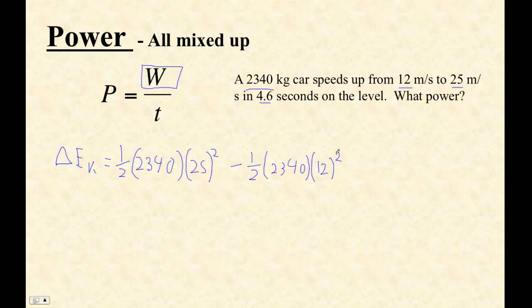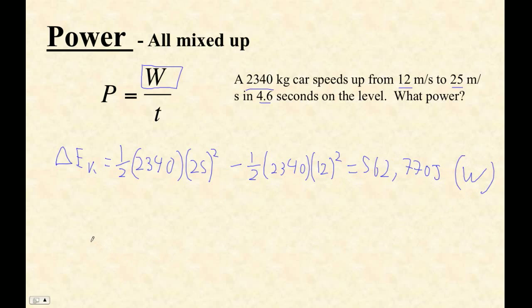So 0.5 times 2340 times 25 squared minus 0.5 times 2340 times 12 squared. This change in kinetic energy is 562,770 joules of change. Let me double check. Indeed it is. So this becomes my work.